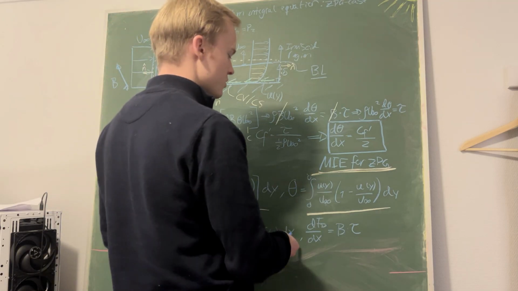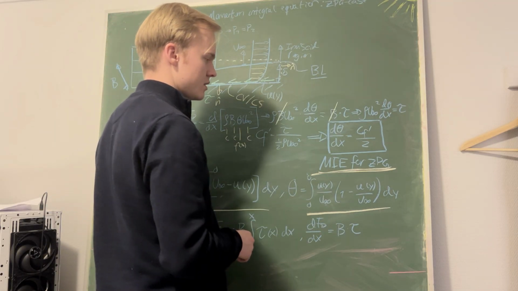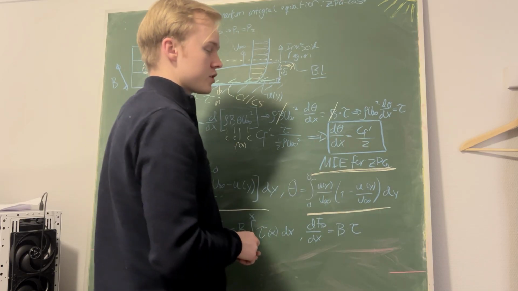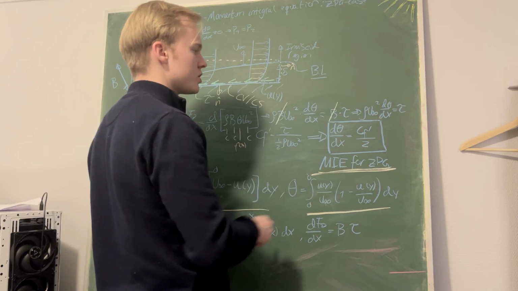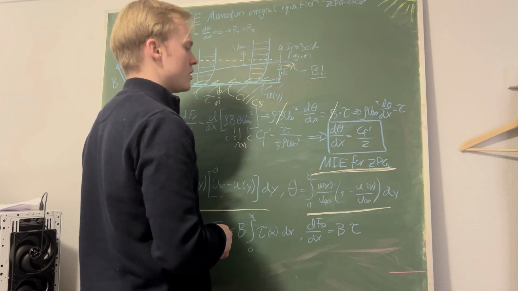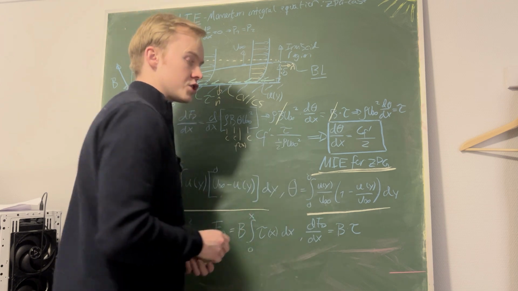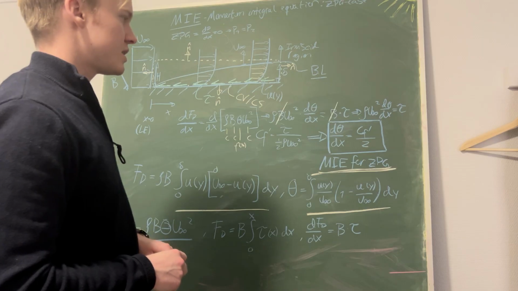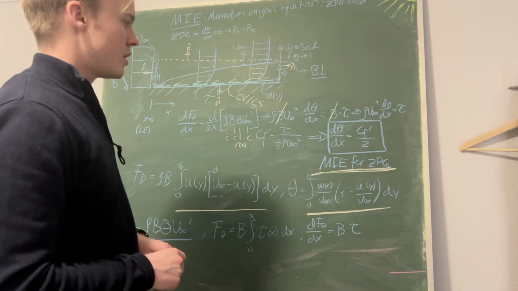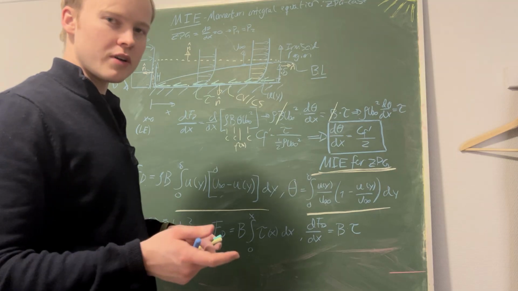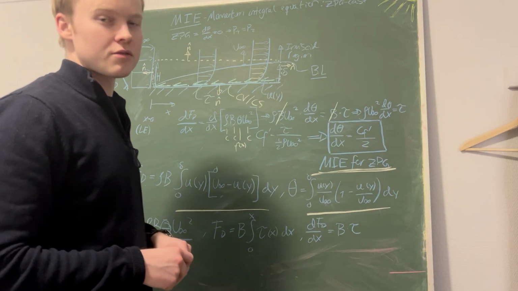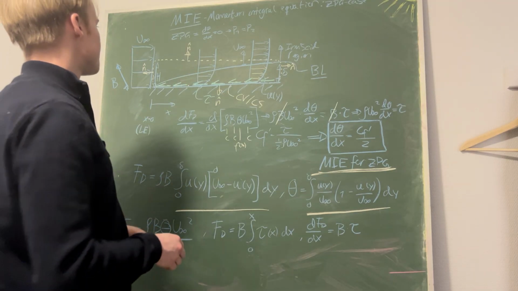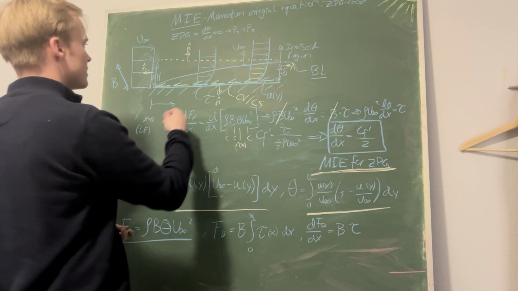So given this, we can calculate our momentum thickness theta, and then if we differentiate this, we will get the local skin friction, and then we could go from that to our combined or total shear. So this is a nice way to find a relationship between our velocity profile, u of y, and the skin friction coefficient.